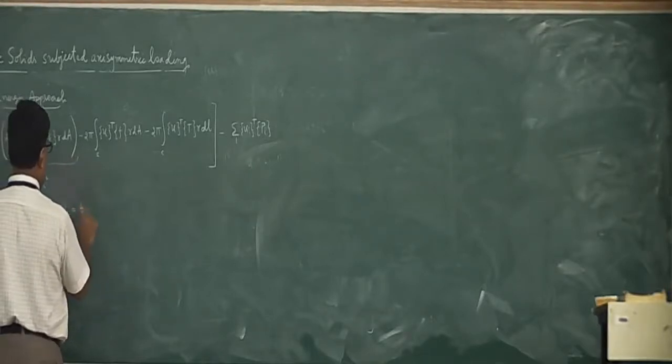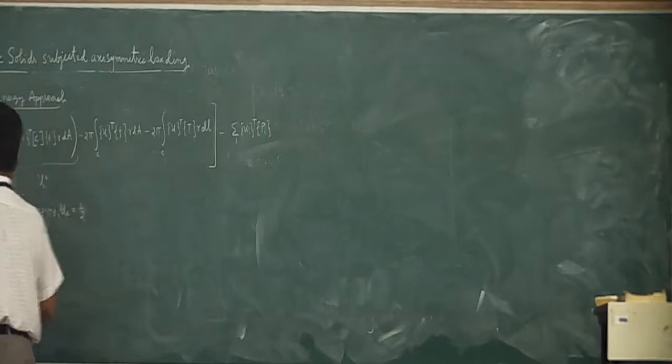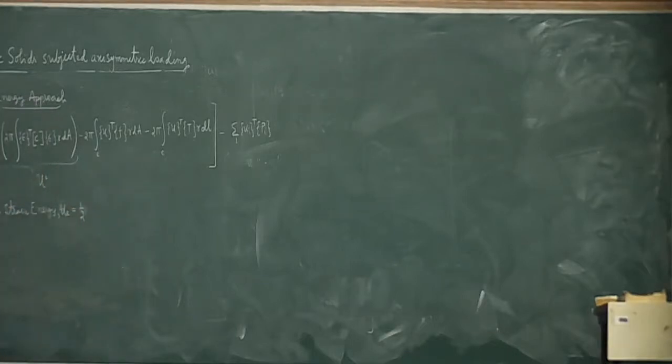Directly I will write half, and you already know sigma is equal to C epsilon, or you can write epsilon transpose equal to Q transpose B transpose, and epsilon is equal to BQ.